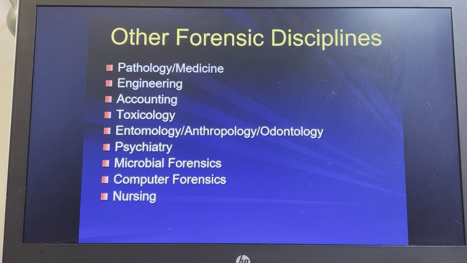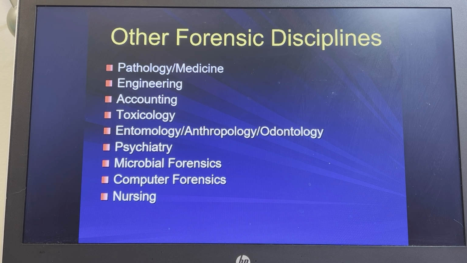Okay, psychiatry does not mean profiling. A forensic psychologist or psychiatrist normally works with people who are inmates to determine if they are competent to stand trial. They can also work cases like, for example, if you have a child who is saying that he or she is being sexually molested, and sometimes you see this when there's a bitter custody battle.